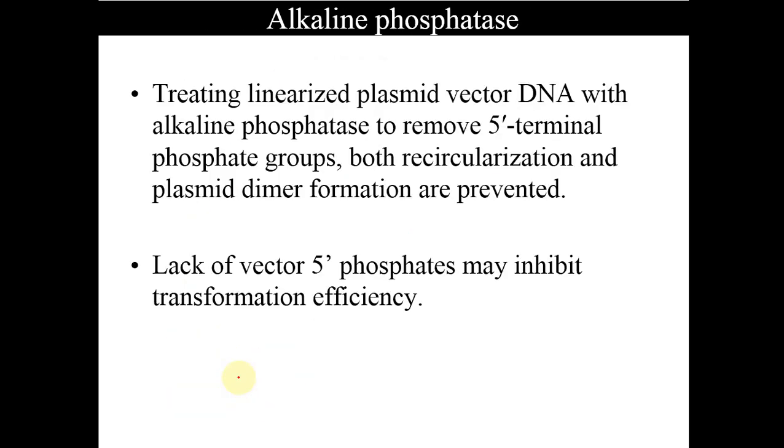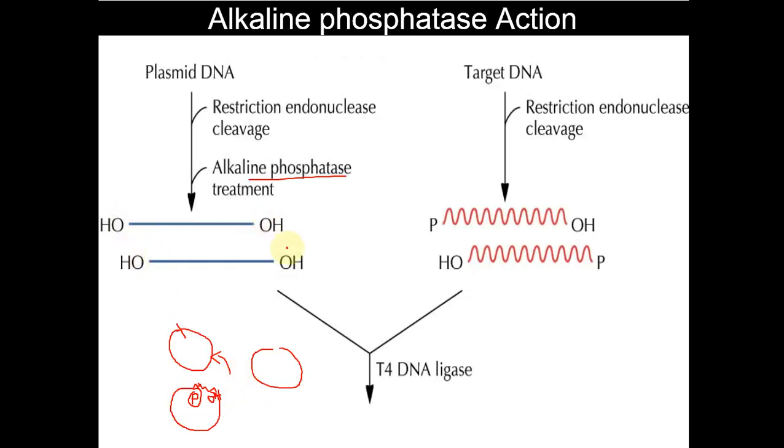The vector DNA has OH on all sides, and this target DNA is double-stranded with a 5' phosphate and 3' OH here and here. So this one and this one will join with the OH, but these OH won't be joined.